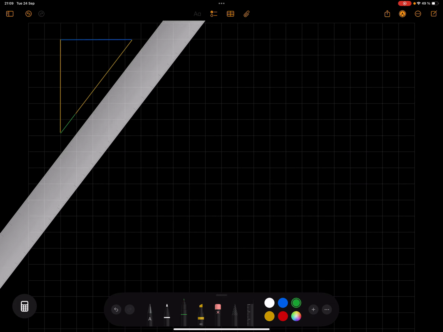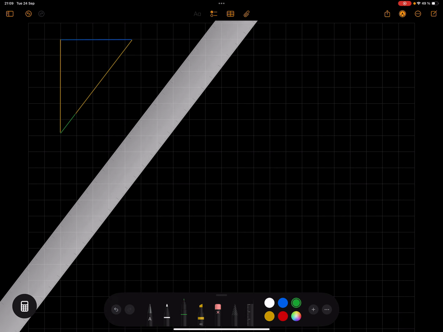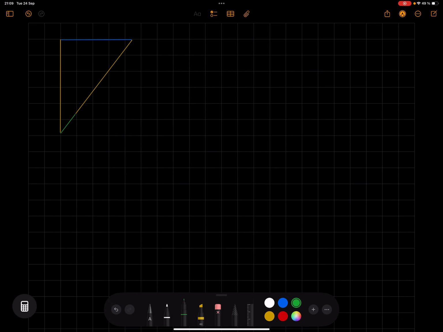So I don't need the ruler anymore, and I will call, well, actually, if I call this, I will just call it G for the minimal gap. So this is L, and this is also L for the length, and here is S for the spacing.